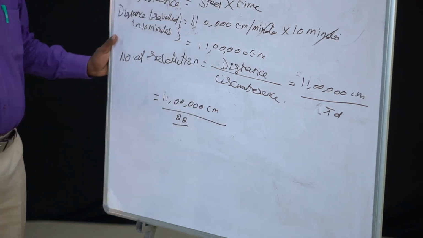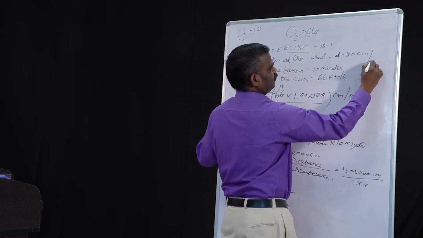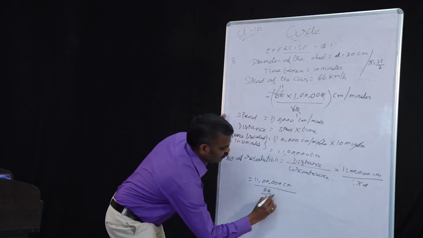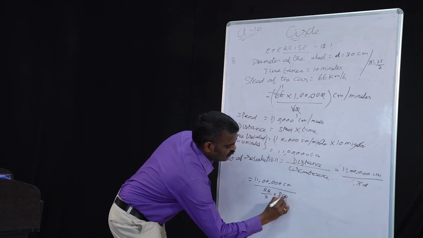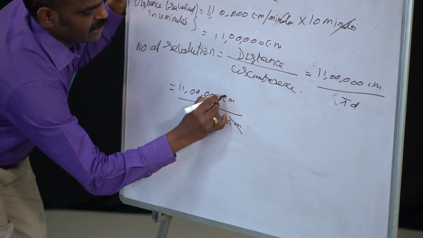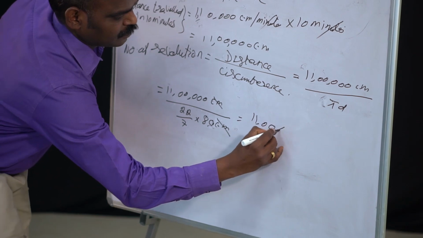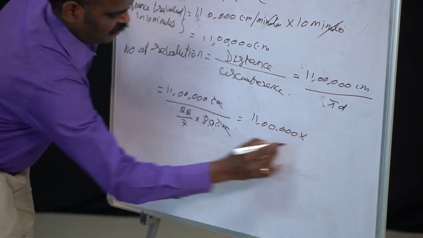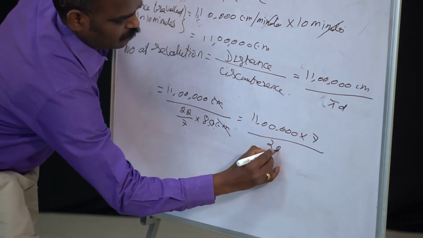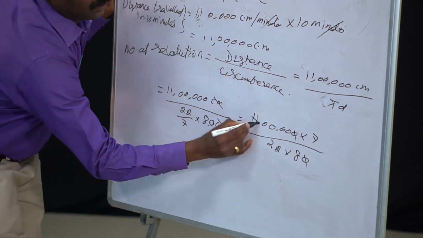Value of pi is how much? Class 9 already you learned, right? Pi value 22/7 into d, how much? 80 centimeter. Centimeter and centimeter cancel. The denominator, when it goes reverse, it will go up. Okay, 10 and 10 cancel.